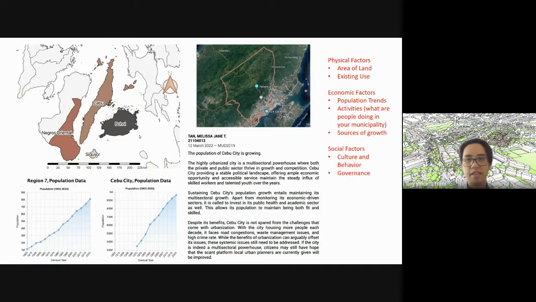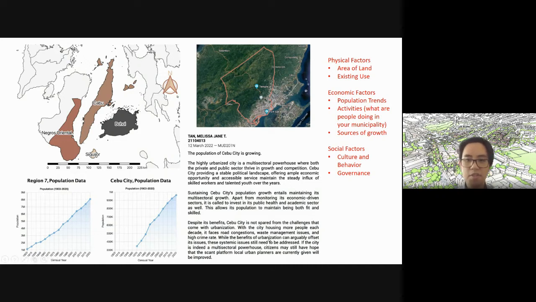Okay, thank you for that, Maria. That was very insightful. Next, we have here Melissa's map showing Cebu City. So let's see here. I think a few of us are already pretty aware of Cebu City since we work here. Highly urbanized city, sustaining Cebu City's population entails maintaining its multi-sectoral growth. Apart from monitoring its economic-driven sectors, it is called to invest in public health and the academic sector as well.